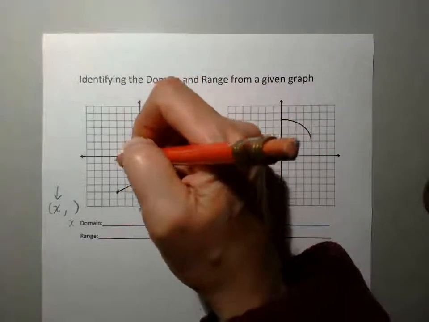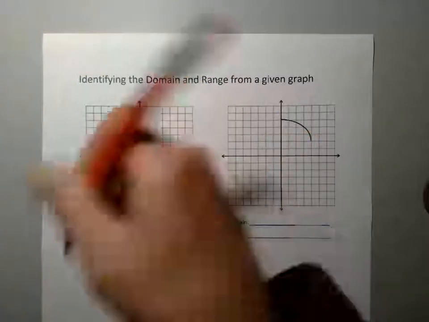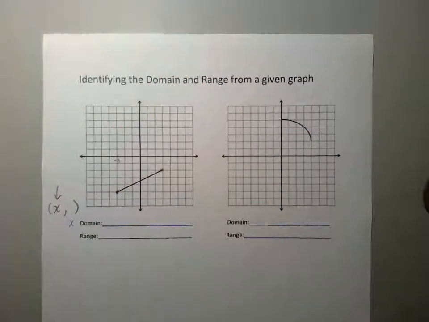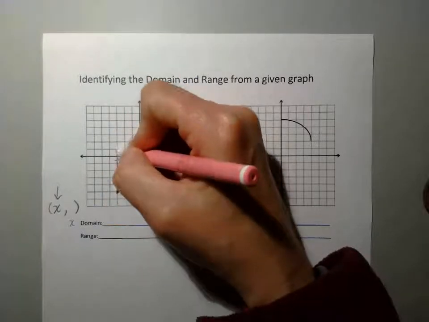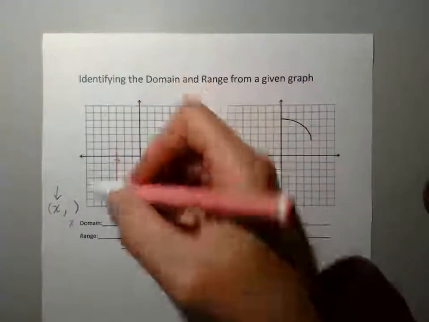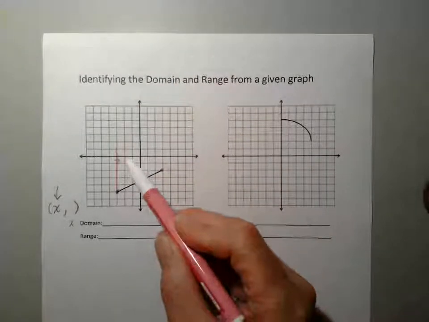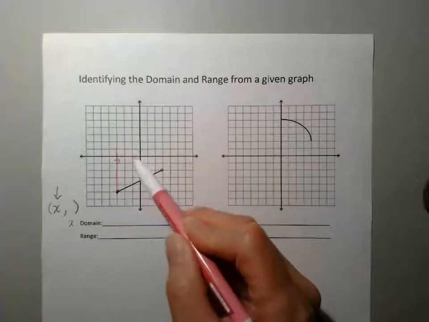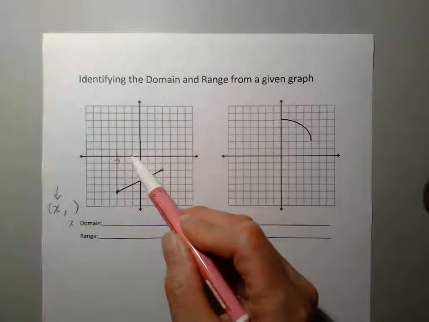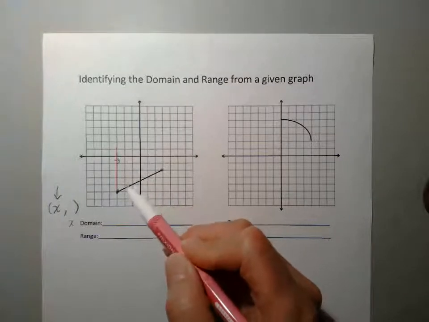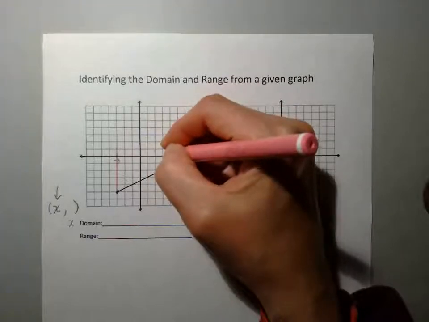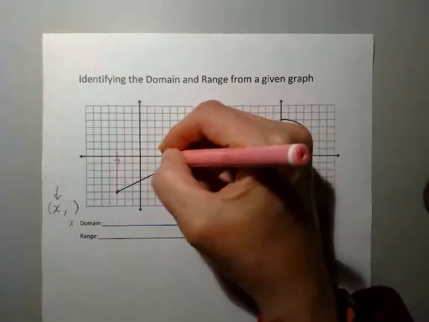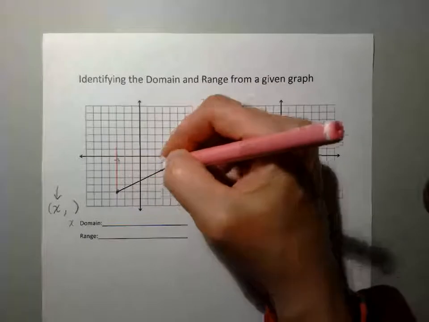So one of the points would be -1, -2, -3. So the lower limit for the domain is -3. And then you would have a point here. So you'd have a -2 something, -1 something, -1.5 something, all the way up to right here, which is +3.